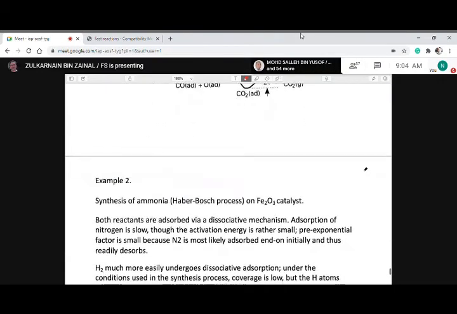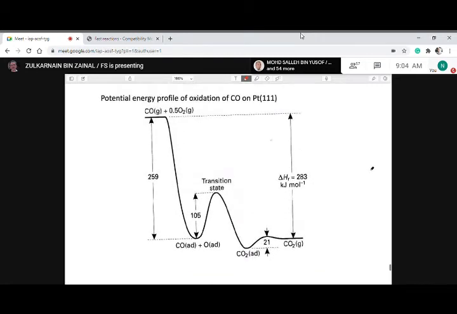Okay, so if you were to draw what we call the reaction coordinate for the reaction, the energy versus the reaction coordinate, right? We can see that carbon monoxide plus oxygen are then absorbed on the surface, right? Absorbed on the surface, and then they have to go through a transition state before they form the product.